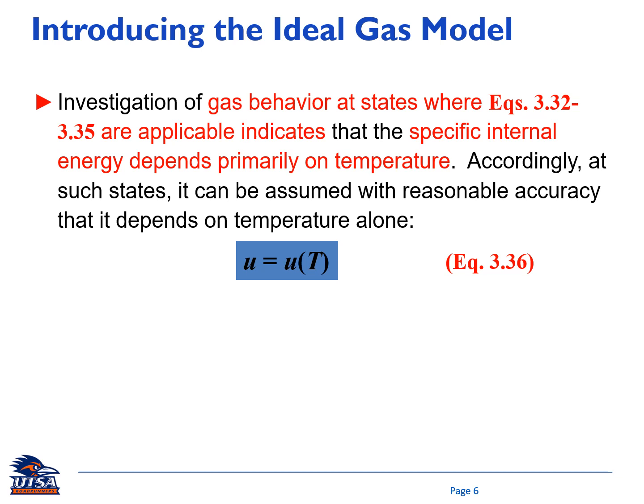If we look further at the condition under ideal gas, by investigating equations 3.32 up to 3.35, it indicates that the specific internal energy depends primarily on the temperature.